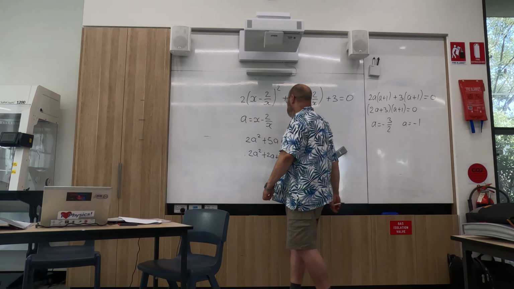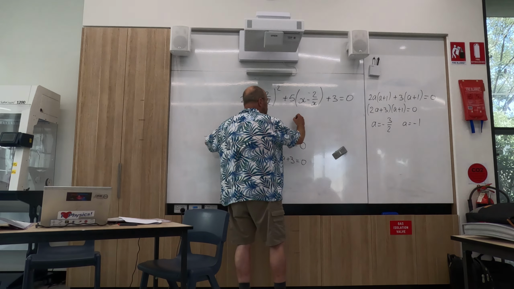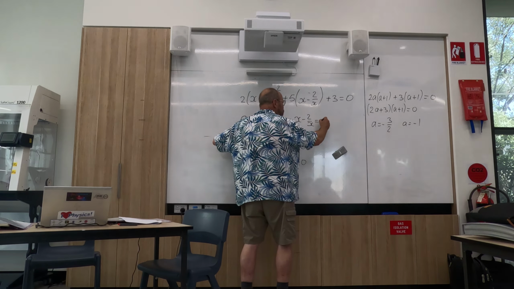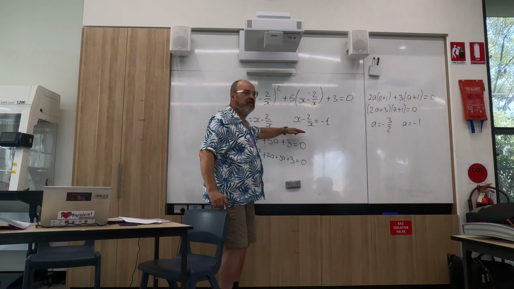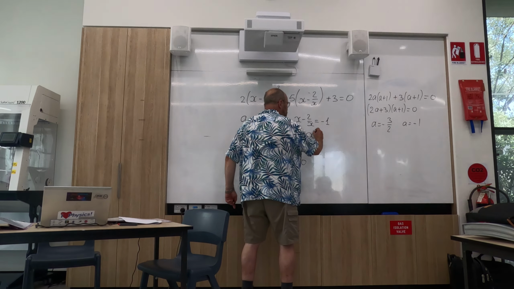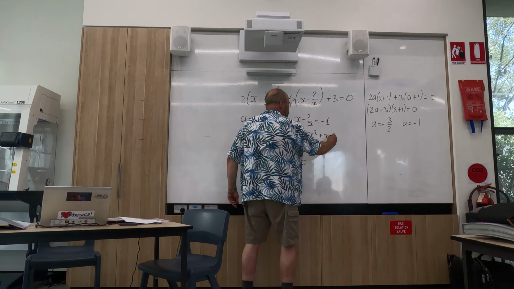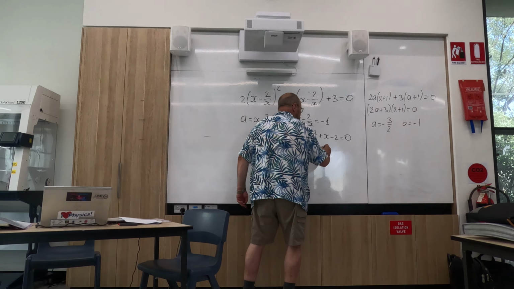Then we substitute back, and we get x minus 2 over x equals negative 1. How do we solve this? Multiply everything by x, we get x squared, and I move minus 1 to the right, so x squared plus x minus 2 equals 0.